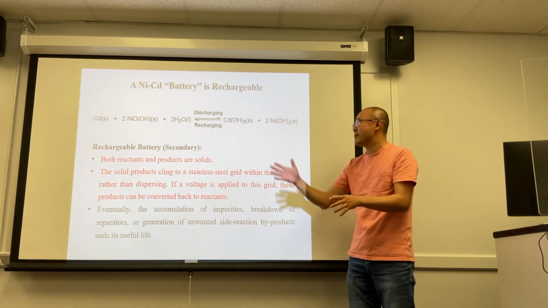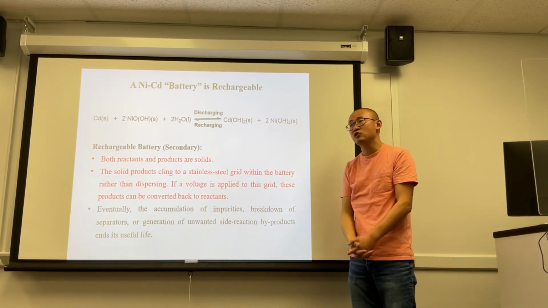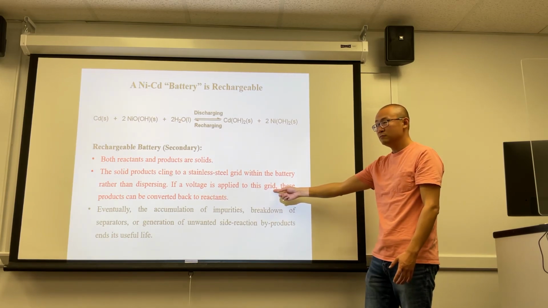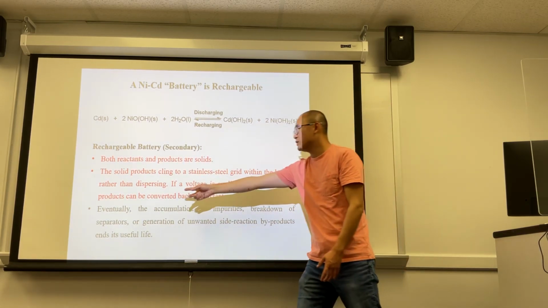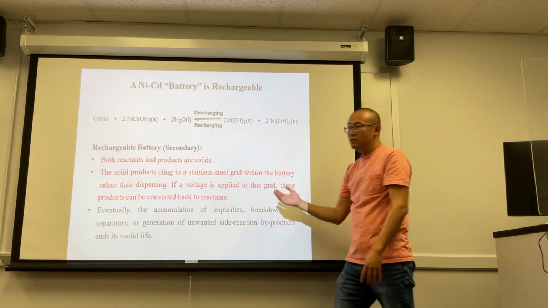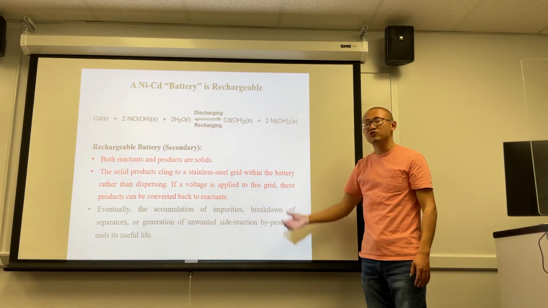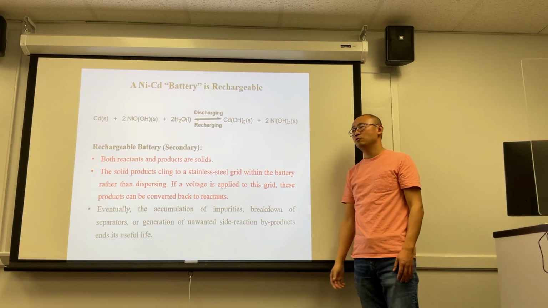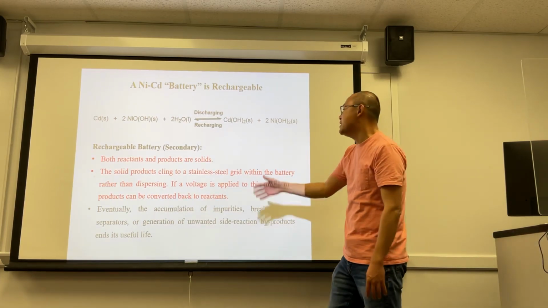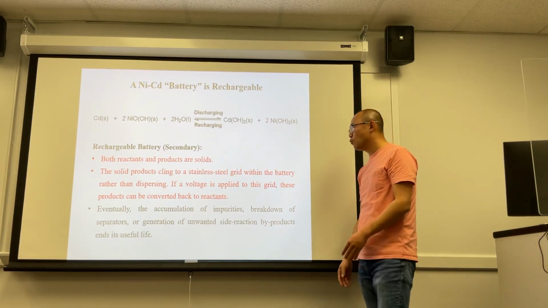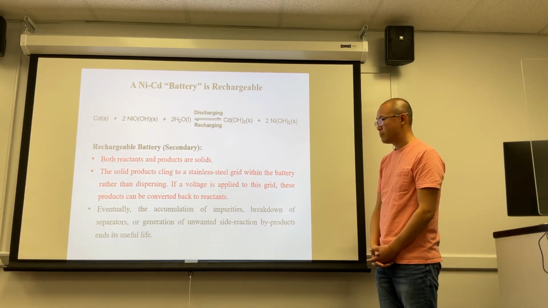Again, these are requirements for a battery to be rechargeable. Of course, when the voltage is applied to the grid, these products can be converted back to the reactants. So in order for a battery to be rechargeable, we have to satisfy these two requirements: both solids, and the solids must cling to a stainless steel or some certain type of grid.